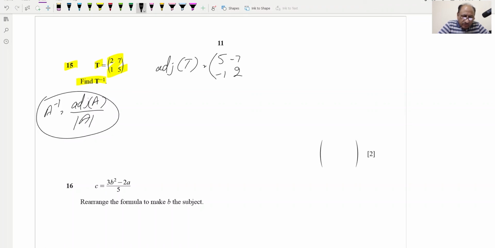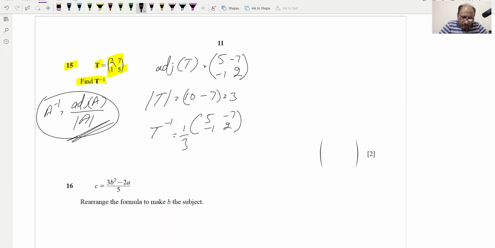So this will be our adjoint, and we can also check mod T. Mod T will be equal to 5 into 2, which is 10, minus 7 into 1, which is minus 7, so this will be equal to 3. If we replace in this formula, T inverse will be equal to adjoint of T over mod T, so it will be 1 by 3 like this.